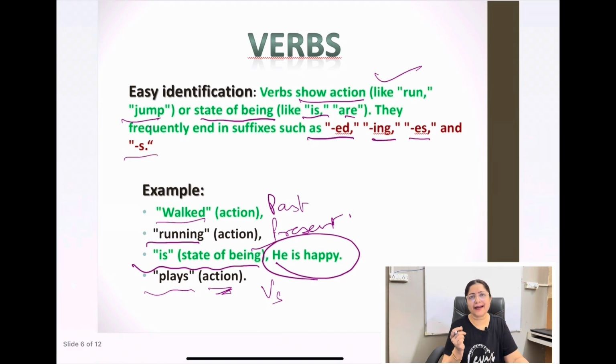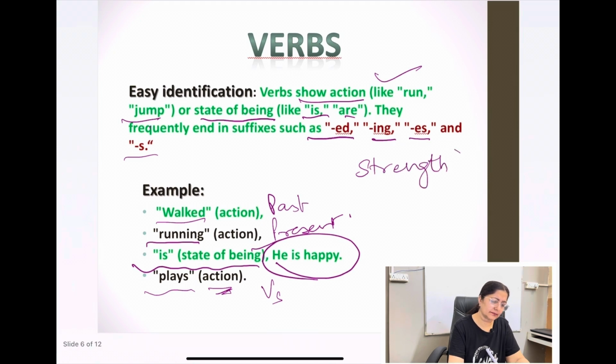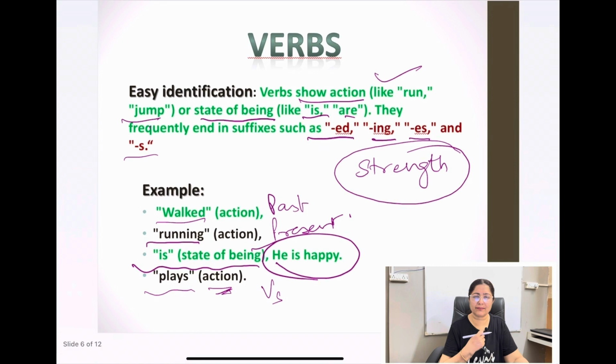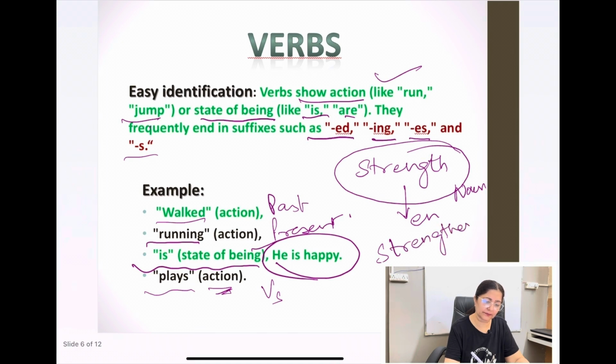So words that end with these, obviously they are verbs. But do you know, if I take a word like strength, now strength, as in my strength, is a noun. Can I make a verb out of this? Yes, I can. If I add en to it, I convert it into strengthen.